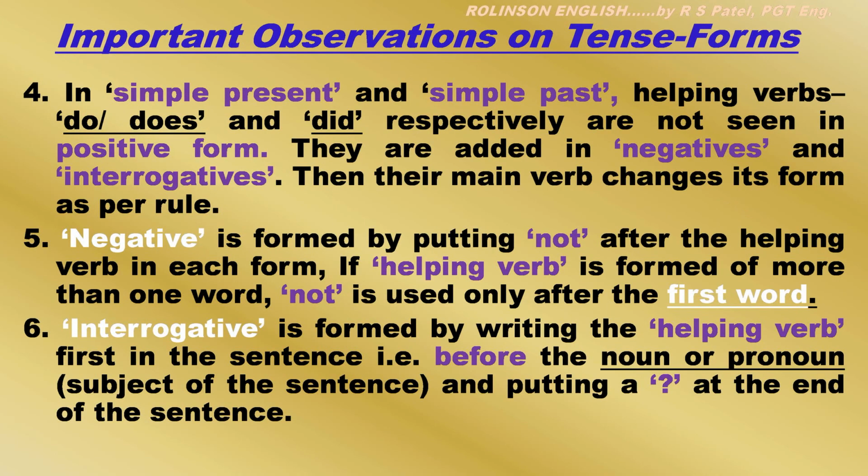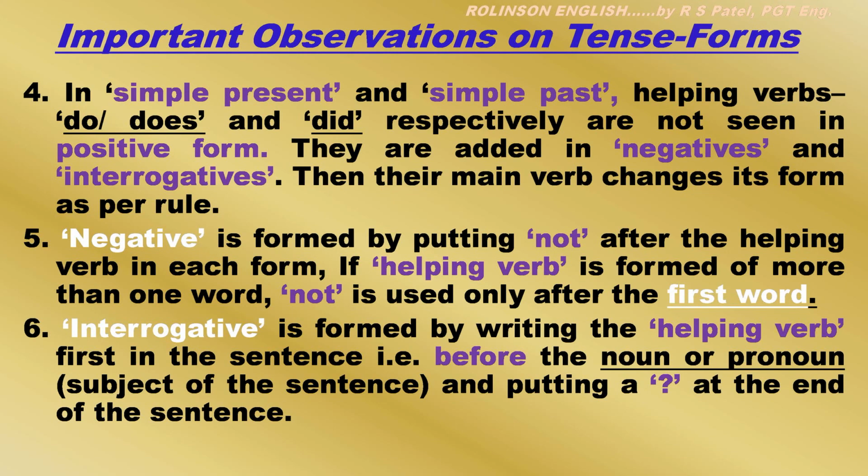Okay, let us see. Fourth one, in simple present and simple past, helping verbs do, does, and did respectively are not seen in positive form. They are added in negatives and interrogatives. Then their main verb changes its form as per rule.